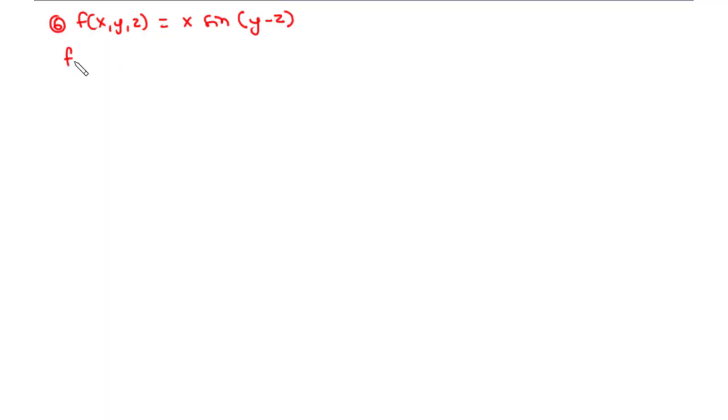So for fx, we are going to differentiate this with respect to x. So using the product rule, we are going to hold x, and then we differentiate this with respect to x. Now this is a constant, so it goes to 0, plus we hold sine y minus z. We differentiate x with respect to x, we have 1. Therefore we have fx to be equal to sine y minus z. So this is fx.